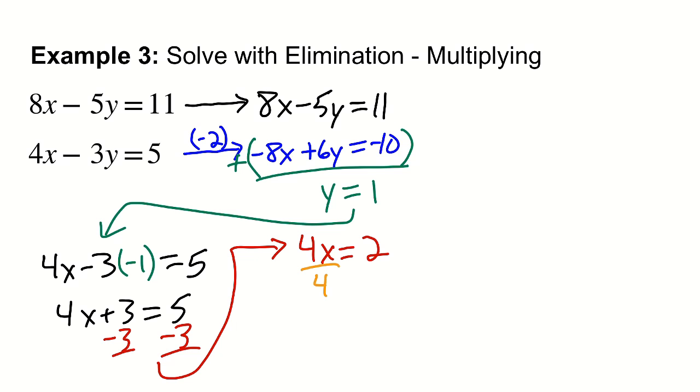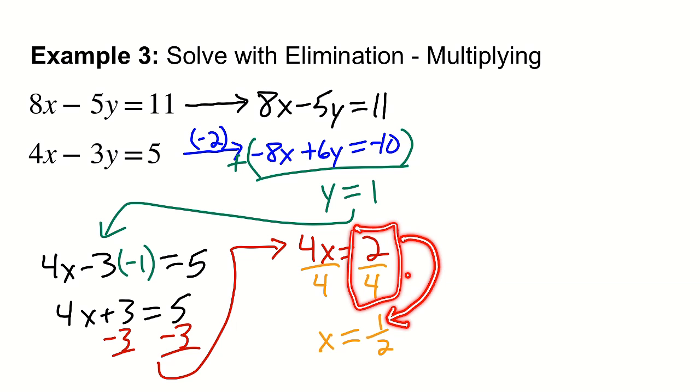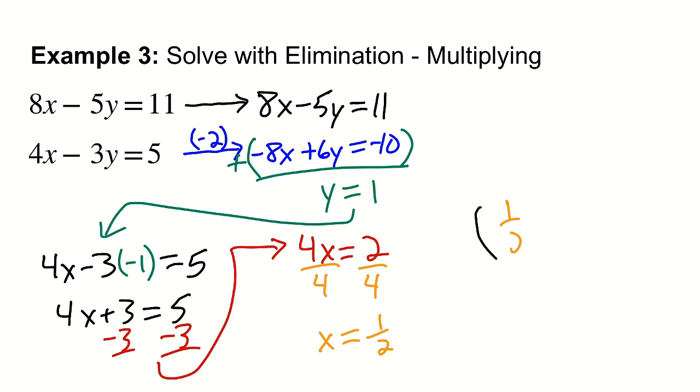Now I divide by 4, and I get x equals 1/2, because 2/4, if you divide 2 by 2, you get 1, and when you divide 4 by 2, you get 2. So your solution is x equals 1/2. So my answer to this system of equations is my x value is 1/2, my y value is 1.